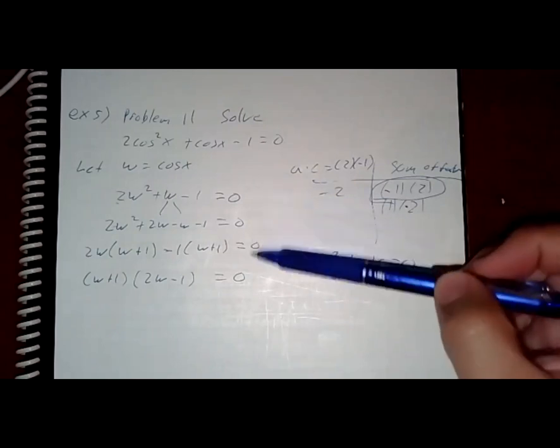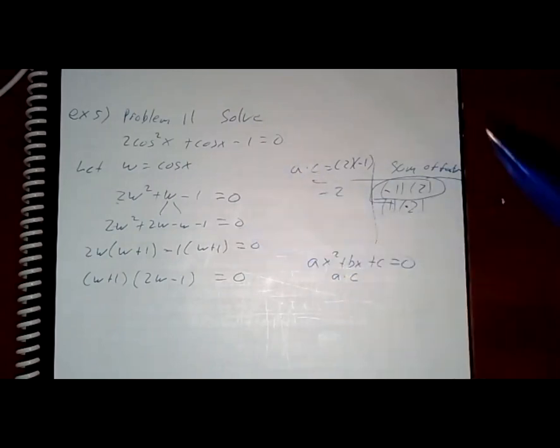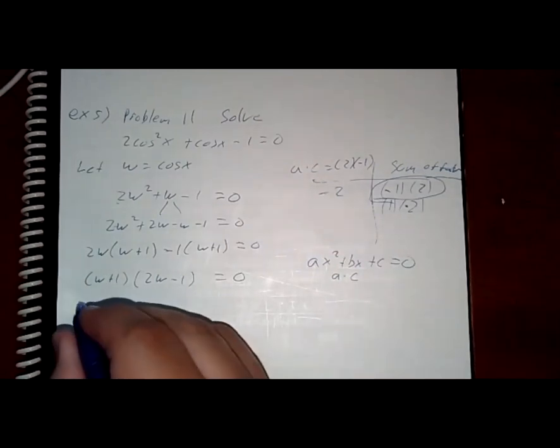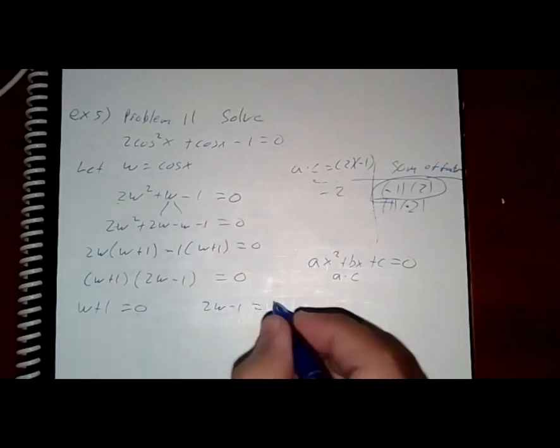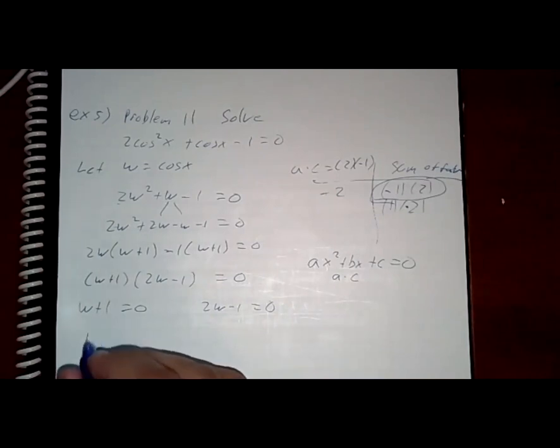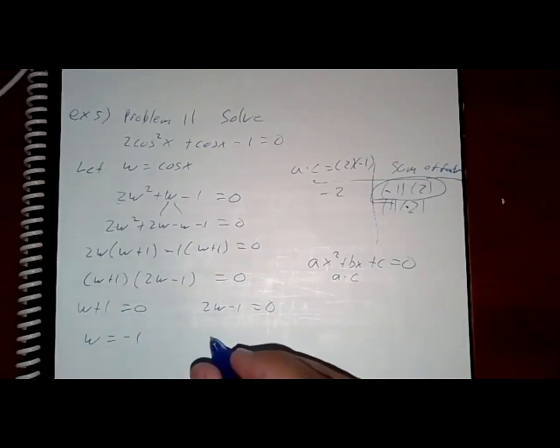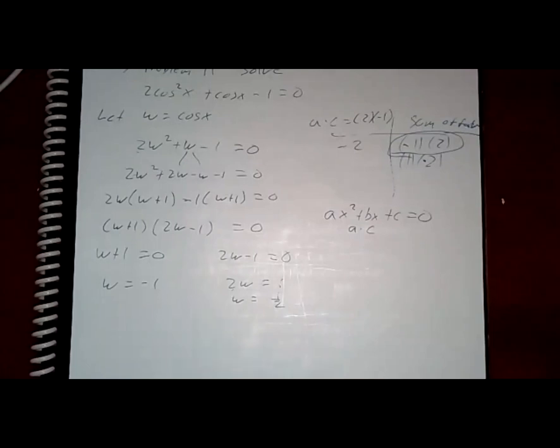So this is just a factoring refresher, I guess. Once you have it, we know that we can set this equal to 0, right? And we can solve for w. But w is just a dummy variable. Nobody cares about w. w is actually cosine x, right?